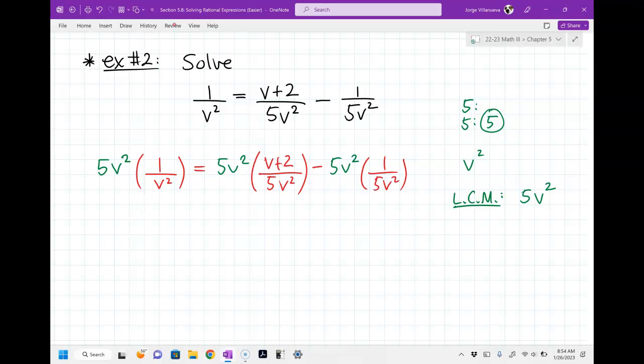Okay, so I'm just rewriting it, multiplying it by my least common multiple. Just give me a couple seconds just to catch up to that.